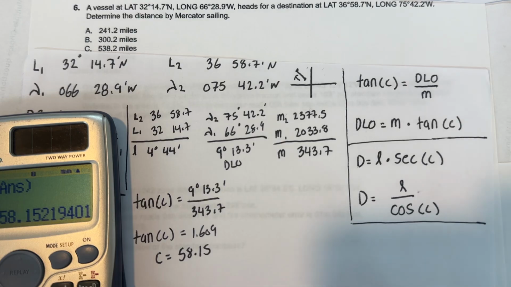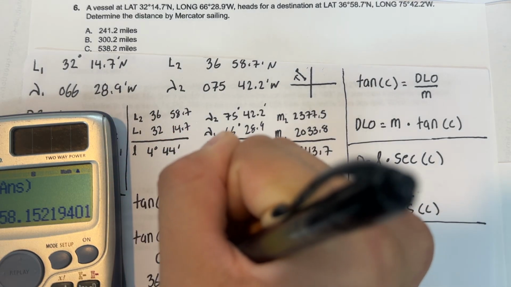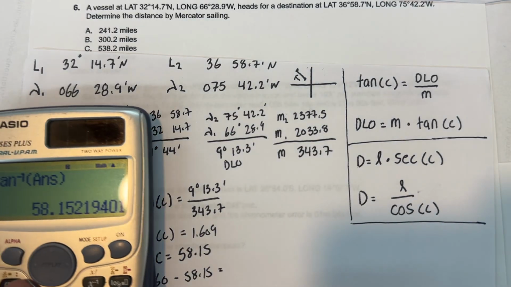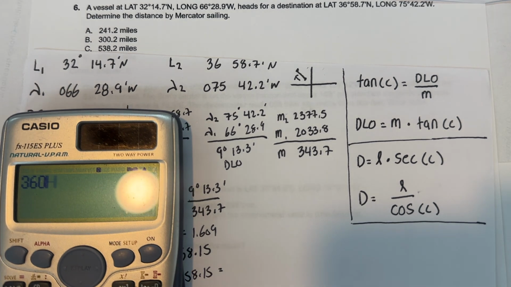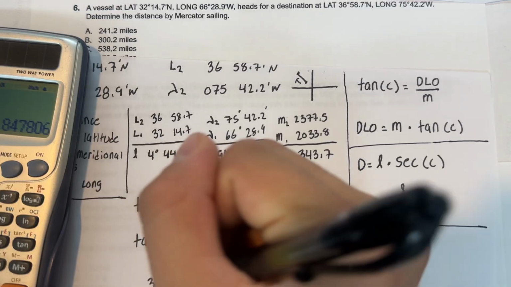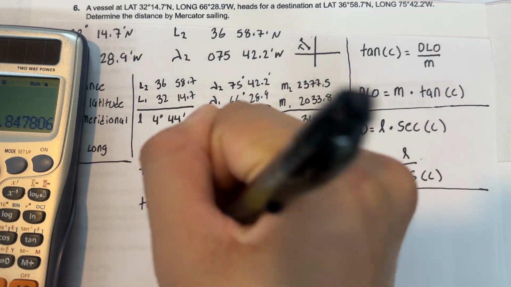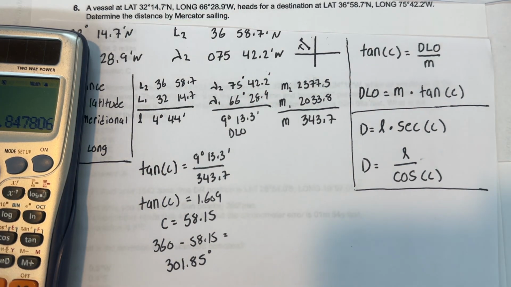That means that we will do 360 minus 58.15, and that is going to be our course. 360 minus that answer is 301.85. So our course is 301.85 degrees.